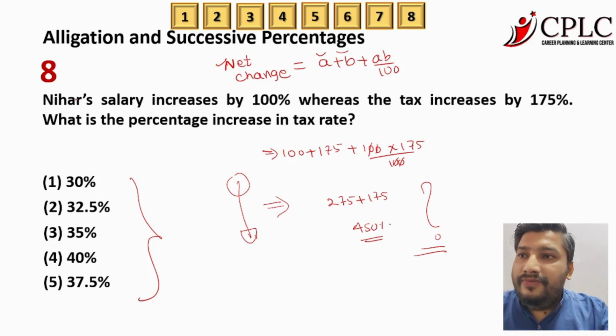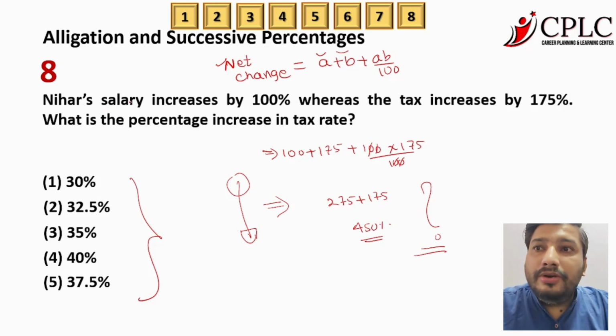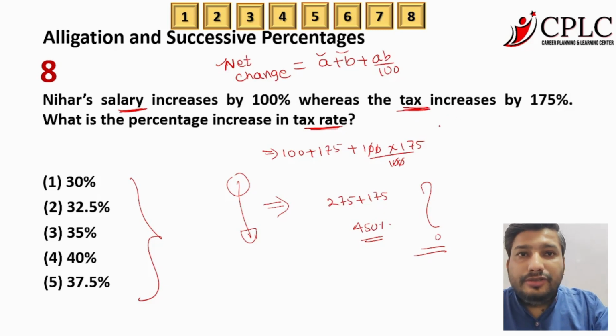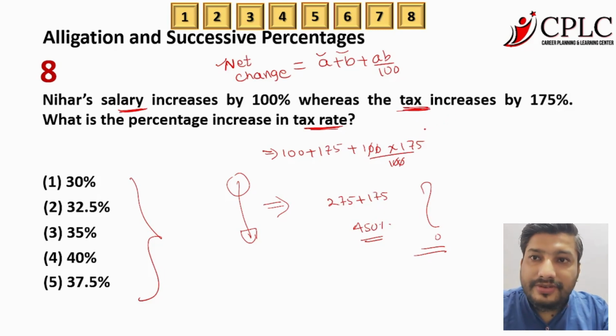So if we talk about this question number 8, let's first try and understand what are the components they have given. So they have given us salary, they have given us tax rate, and they have given us tax. So these are the three components that we have.